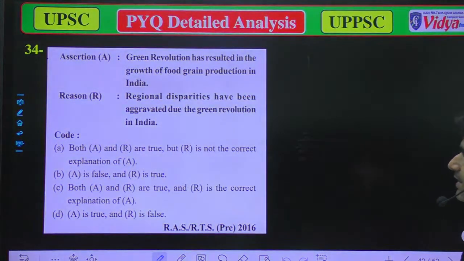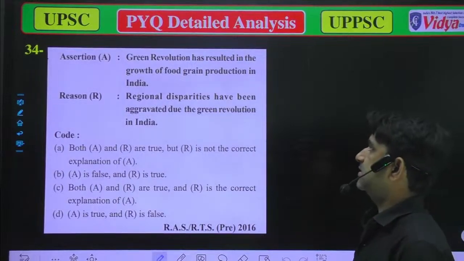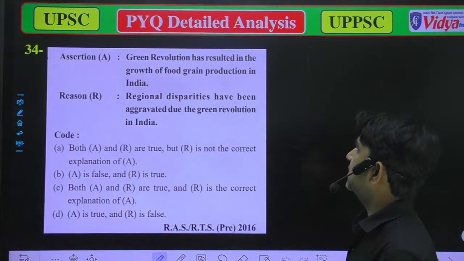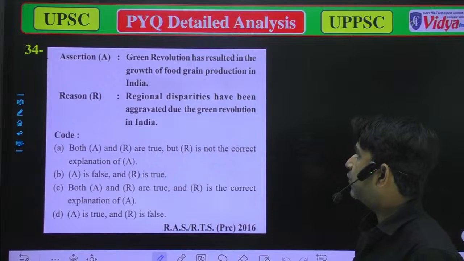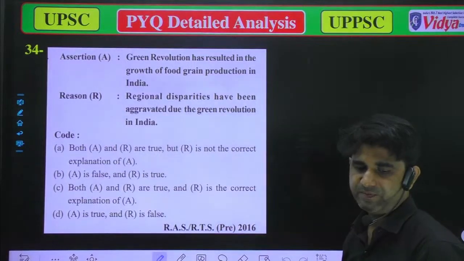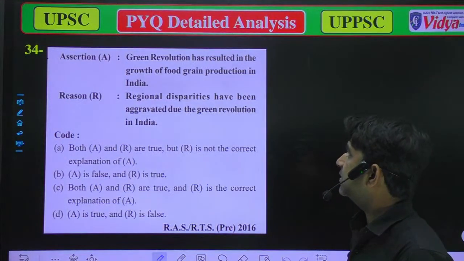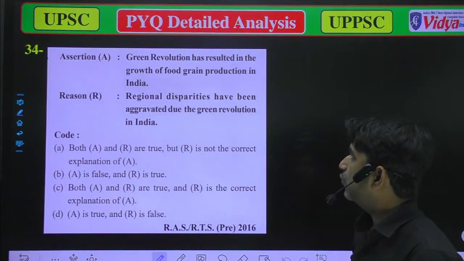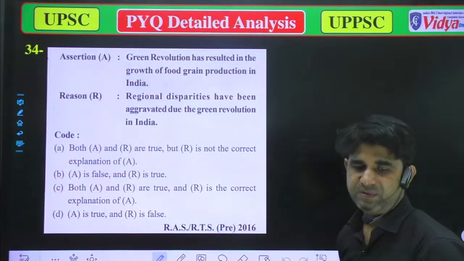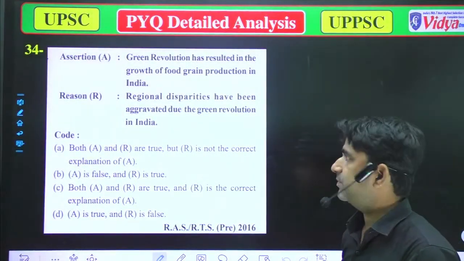That is assertion and reason. The assertion is: Green revolution has resulted in growth of food grain production in India. That was statement number 1.